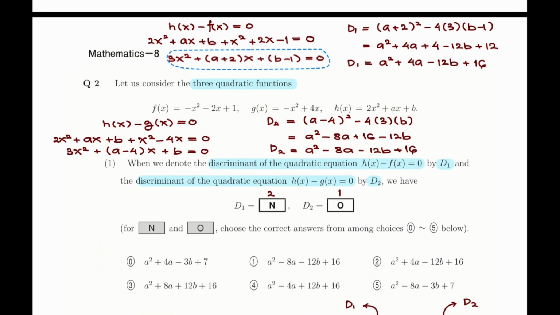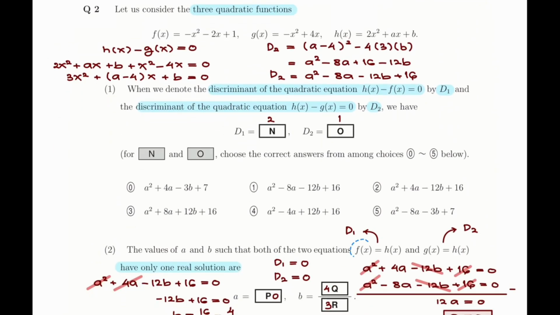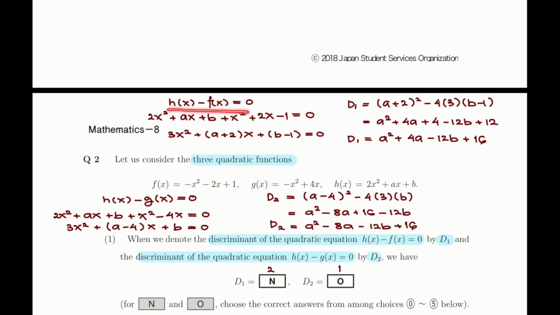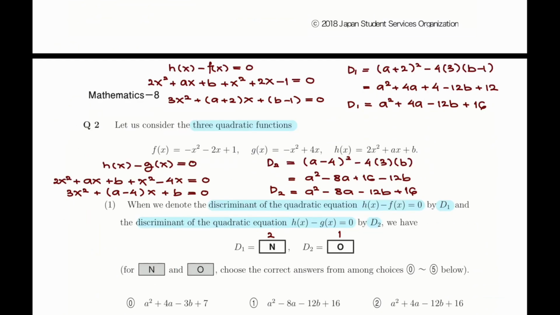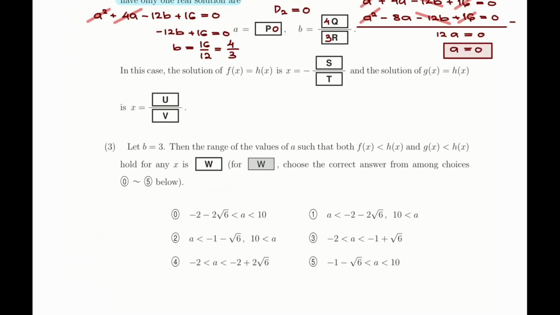As I mentioned earlier, you can move f to the other side. If you move f to the other side, then you will get h minus f equals 0, which is this one. So for f minus h, my equation is this one. And then you can substitute a with 0 and b with 4 over 3.